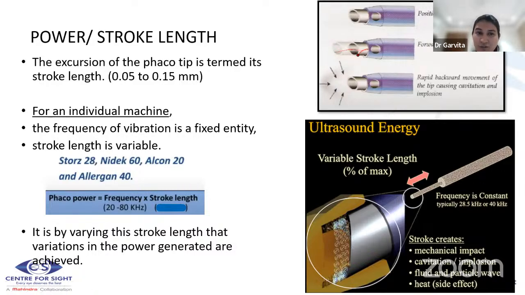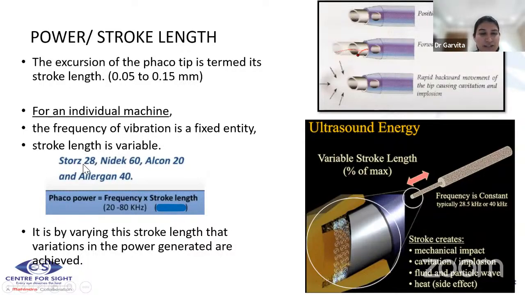Generally, it is 0.05 to 0.15 mm, and for every individual machine, the frequency of vibration is fixed, whereas the stroke length may be variable. So every time we increase the power, we are not increasing the frequency, we are just increasing the stroke length to break down a hard nucleus.